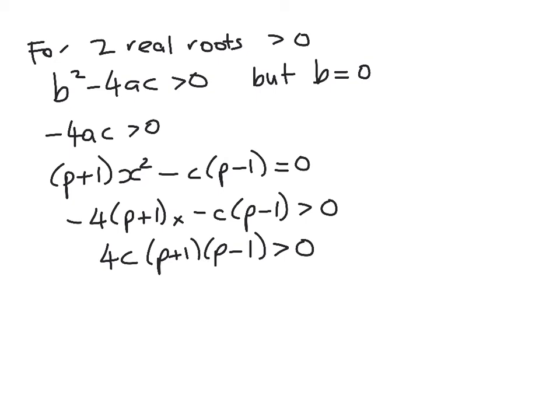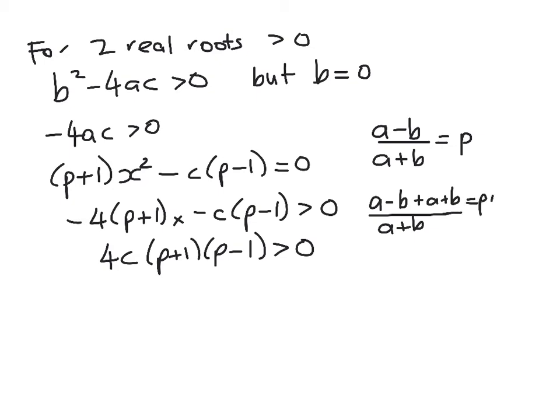So going back to my condition above, we've got a minus b over a plus b equals p. So p plus 1 is going to be a minus b plus a plus b over a plus b, which gives me 2a over a plus b.